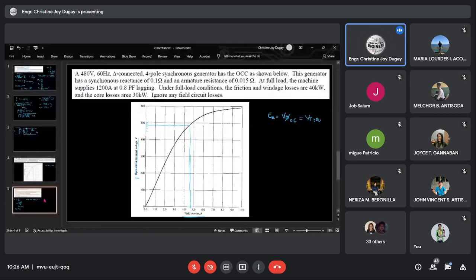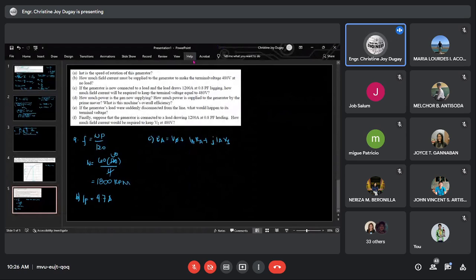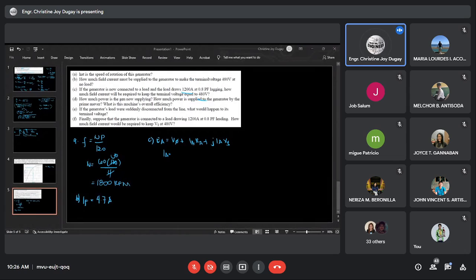And then, ang IA po natin, since that is 1,200, and terminal voltage natin is 480, can we solve for the value of IA? Yes or no? Pwede po ba nating masasolve yung value ni IA?